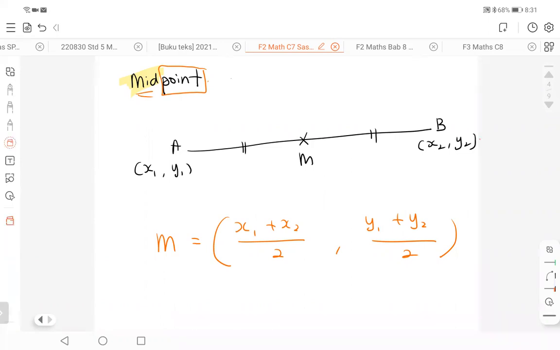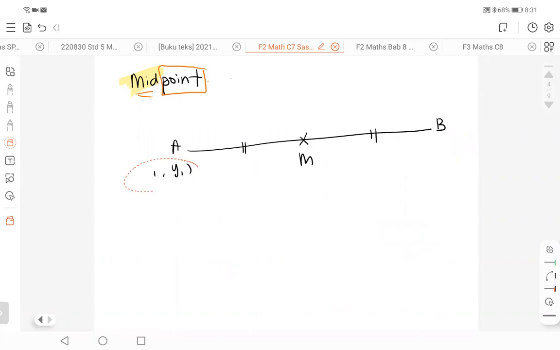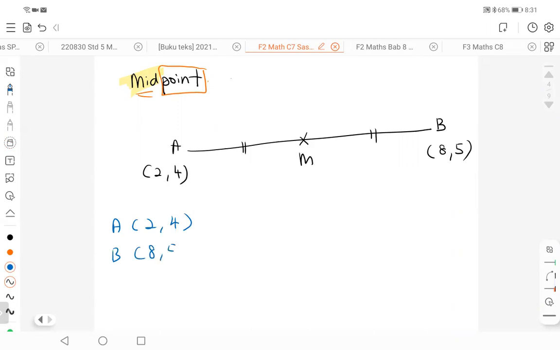So same thing, if I substitute with numbers. Let's say now we have 2, 4 here, and here is 8, 5. To find midpoint, like how we find distance, always list down the coordinates. It will make our life easier. So A is 2, 4, B is 8, 5. On the right side, write midpoint.